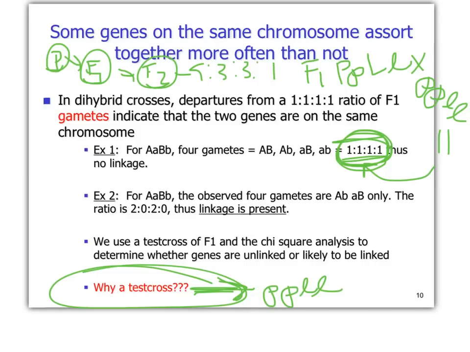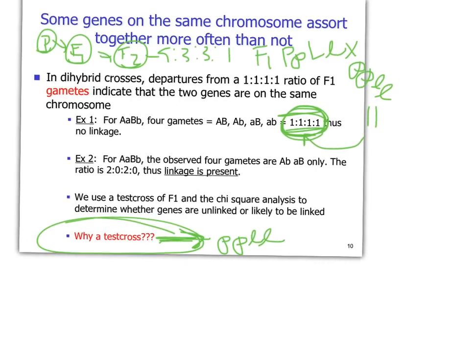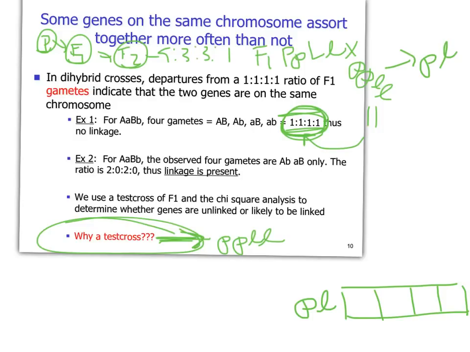If you did the Punnett square, we only have to have one category for the test cross guy, because every single one of his gametes is going to be little p, little l. So then all we have to do is the big P's, the F1 parent.